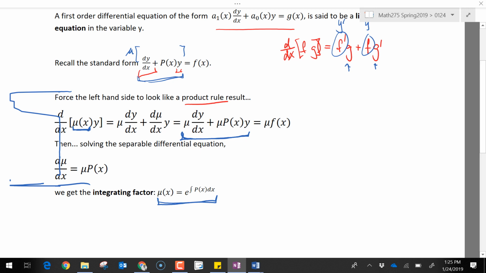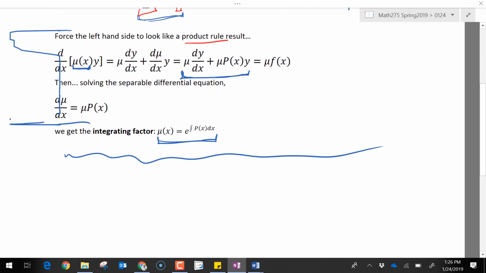Let's do an example, and then we'll see how you can kind of mimic the example.